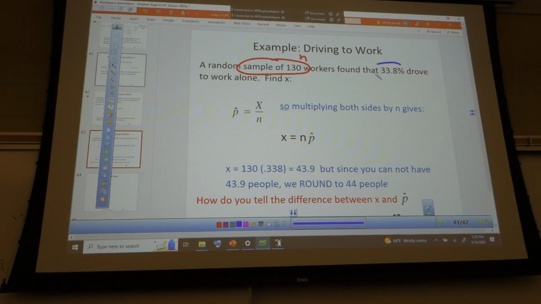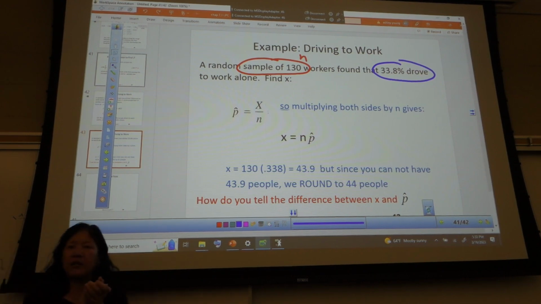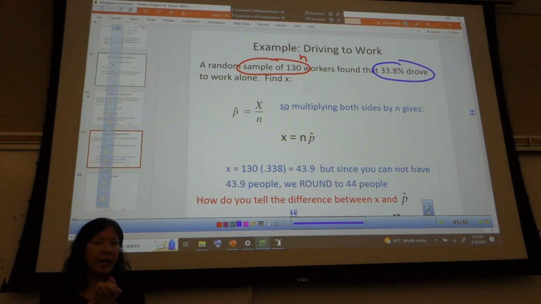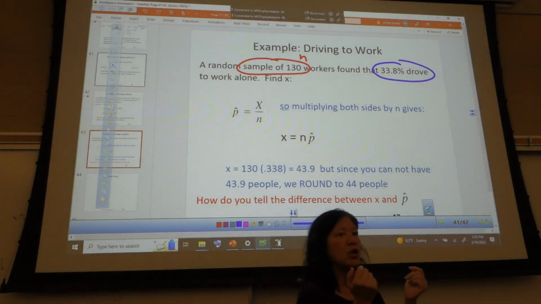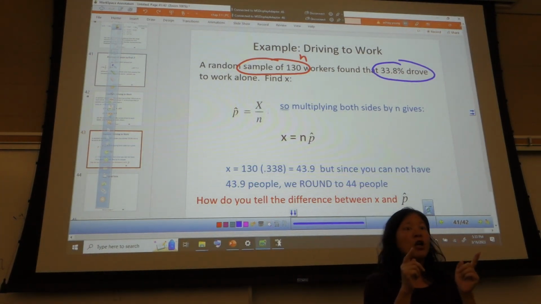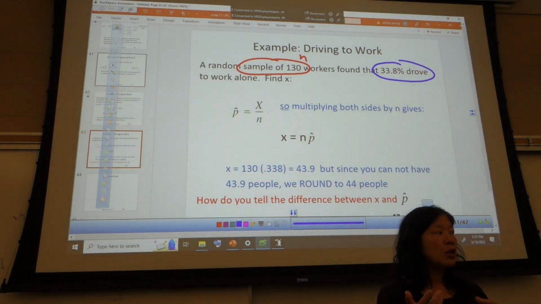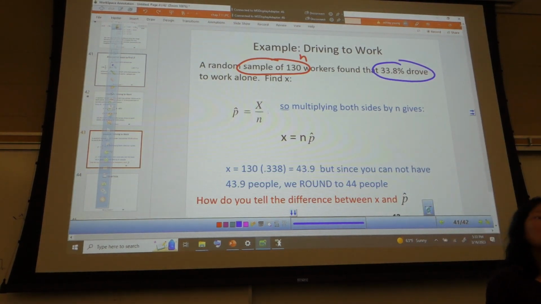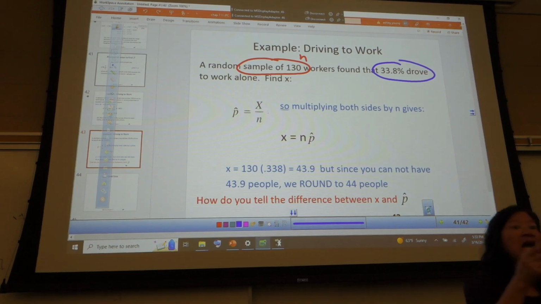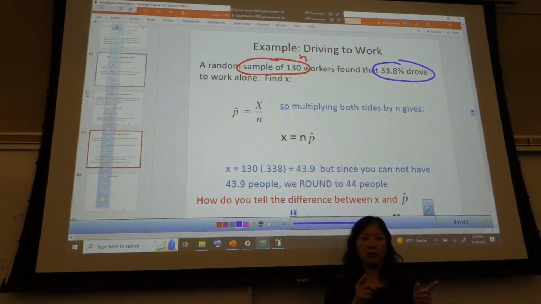You're always going to be given n. You'll either be given x, the number of people who said yes, or p hat, the percent of people who said yes. How do you know which you have?